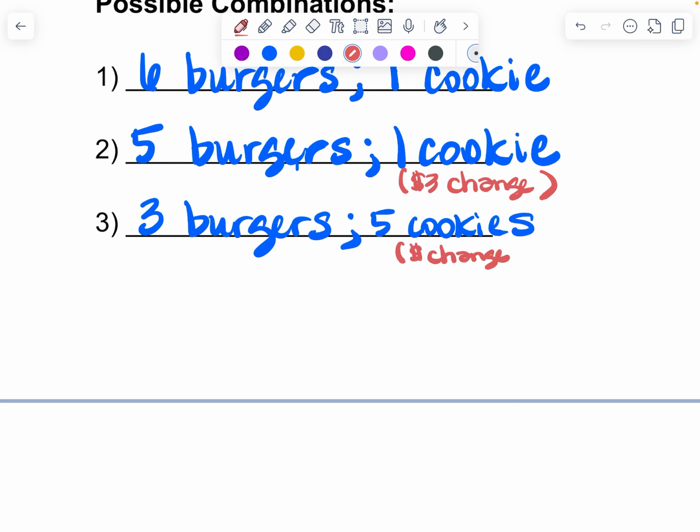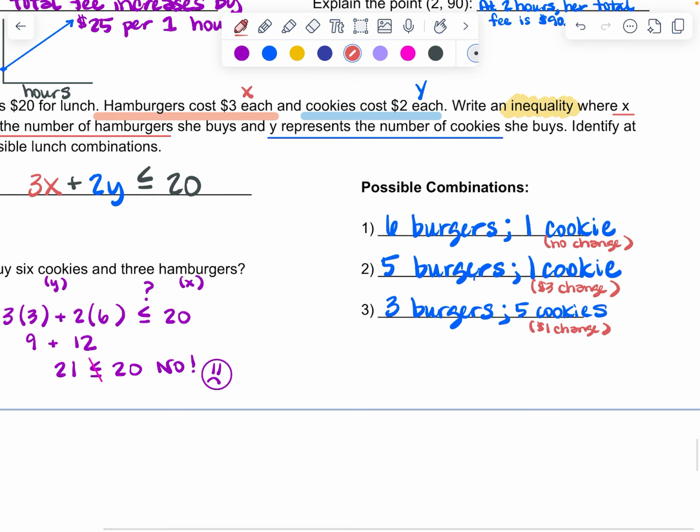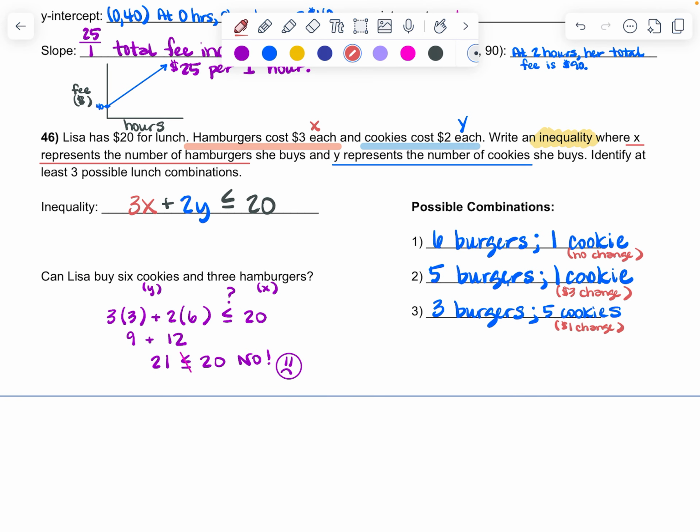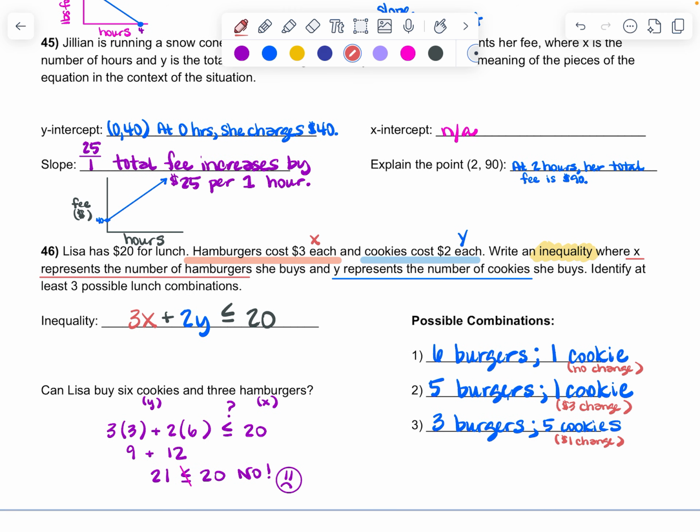So she would have $1 change. And I totally forgot to put the 1. $1 in change, right? This first one was exact, so she would get no change because she spent all $20, right? But a possible combination would be anything as long as it's less than or equal to 20. It doesn't have to be exactly 20 in this case because it's an inequality, okay?